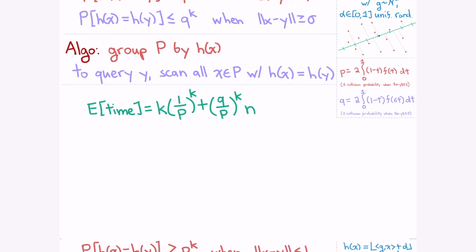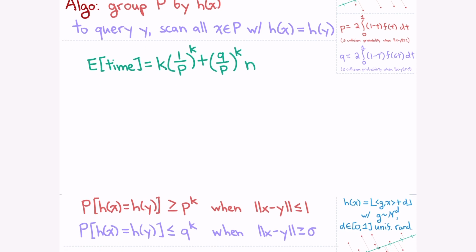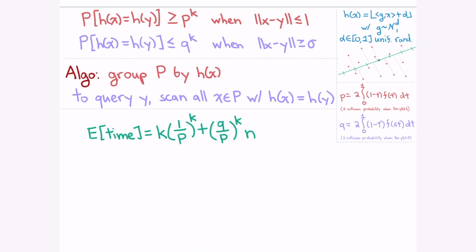If I keep working through this, then we get 1 over p to the k times k plus q to the k n, okay? Oh, sorry. I should mention that this k is just from computing k hash codes. So you have this running time, and the question now is how to choose k.